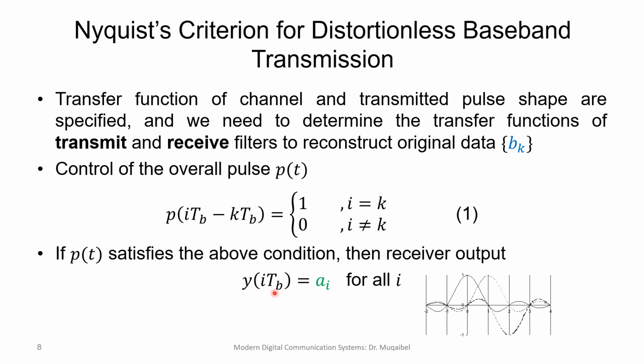So in that case you get Y equal to A_i for all possible i's, which means that we got rid of the ISI, which is called 0 ISI. Although there is overlap, this overlap crosses 0 at the point of interest.